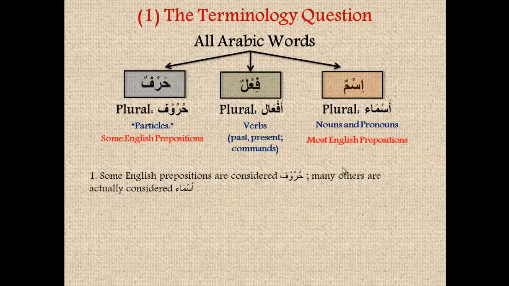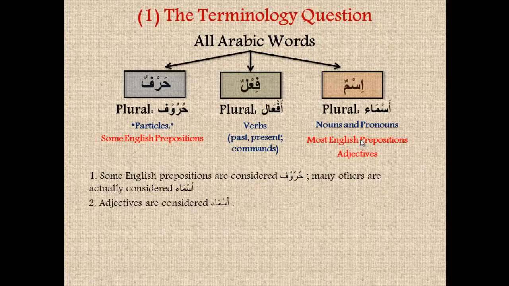They go under the category of asma', and only some English prepositions fall under the category of huruf. So that's quote-unquote mistake number 1. Number 2, was more of an omission. So I forgot to mention that adjectives are actually considered asma in Arabic. So adjectives fall under this category of asma.